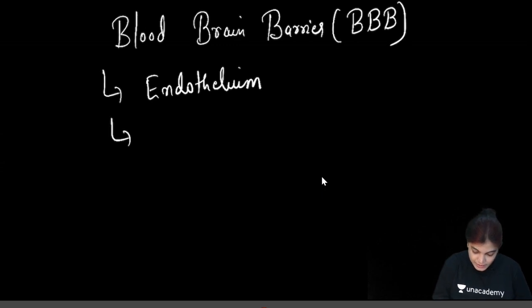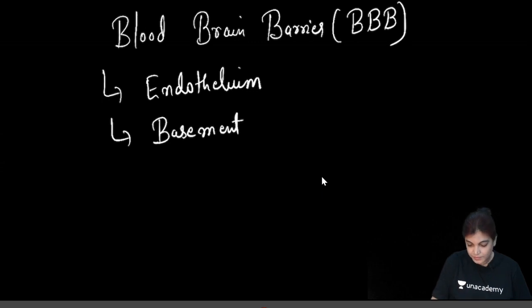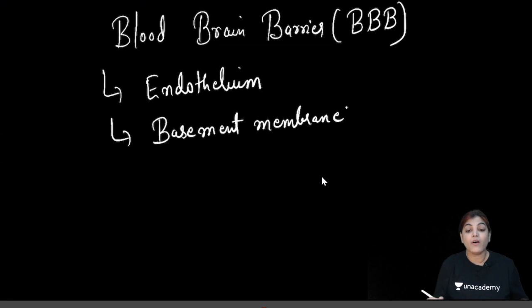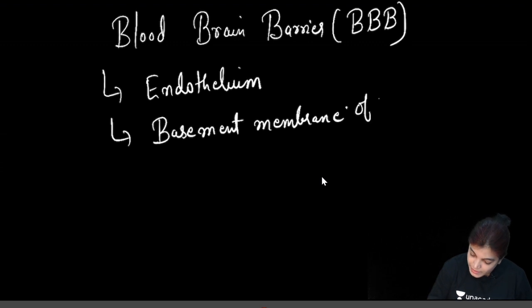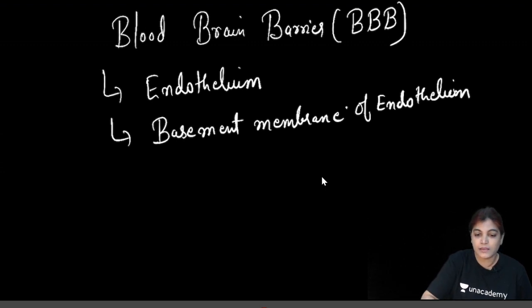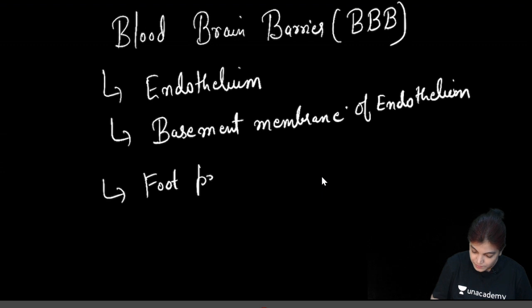The next layer is the basement membrane. The endothelium rests on its basement membrane, and the third layer is the foot processes of astrocytes.